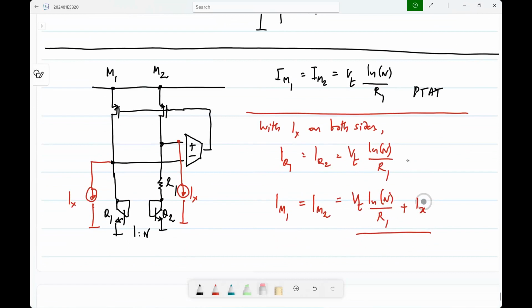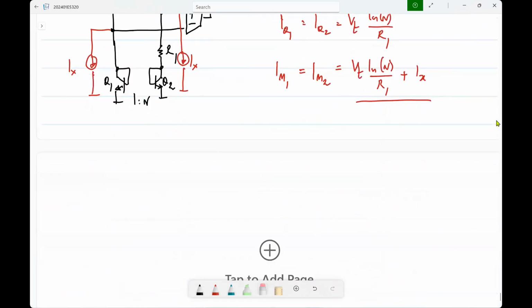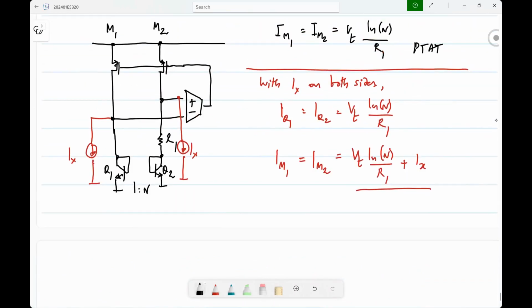So is it possible to make this constant? What do we have to do? Ix is CTAT, complementary to absolute temperature. But what form should it be? What should be the value of Ix? Remember, we already know how to make a reference. Vref is VB1 plus Cp times Vt.